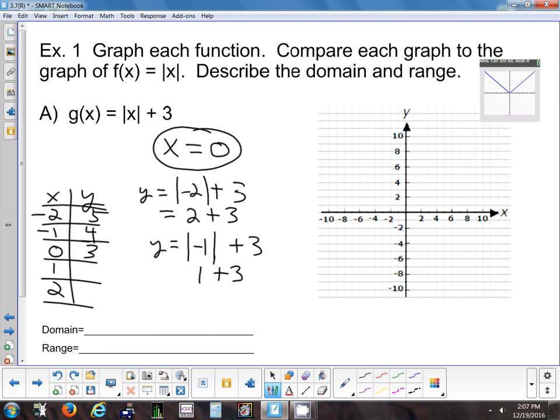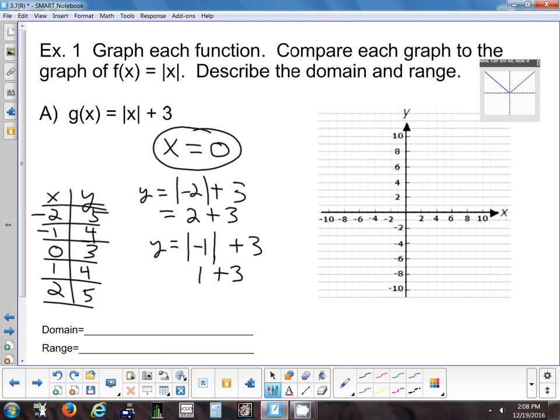And then plus 3, there's your 4. And then absolute value of 2? 2. Plus 3 is 5. So if those first and last match up and the second to last and the second one match up, then you did it right.